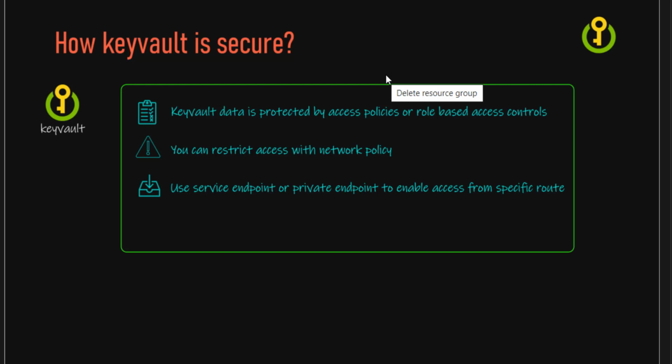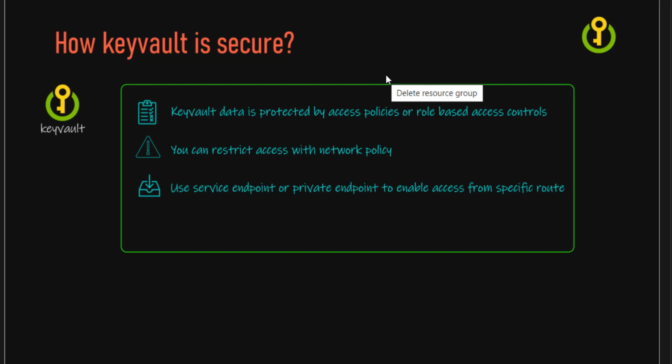With the service endpoint, you can enable it between the source resource, for example a virtual machine, and the destination, which is your Keyvault. Then the communication to get the data from the Keyvault will go, instead of via the public route, via the Microsoft backend route, and that will be much faster and secure.